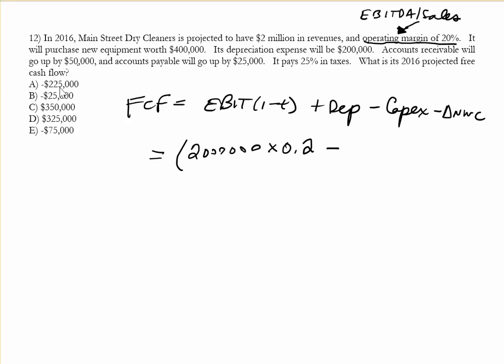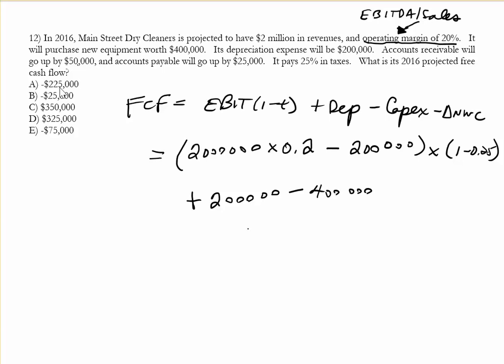We have to subtract depreciation, which we're told is $200,000. And then times 1 minus the tax rate. Add back depreciation, subtract the capital expenditures, so it says that it will purchase new equipment worth $400,000, and then we have to add change to net working capital.